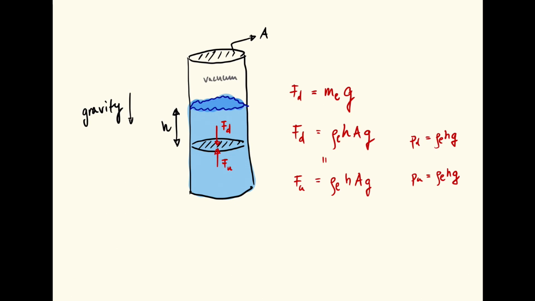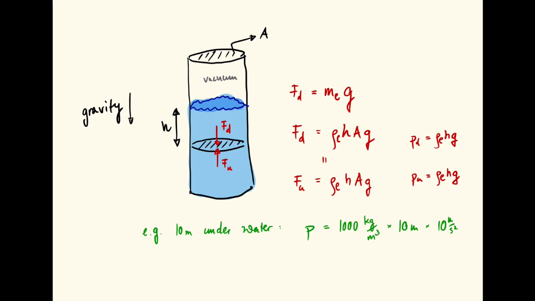So imagine you're, for example, 10 meters underwater, and then the pressure that you experience is rho_L, which is about 1,000 kilogram per meter cubed, times 10 meters, times roughly 10 meters per second squared.